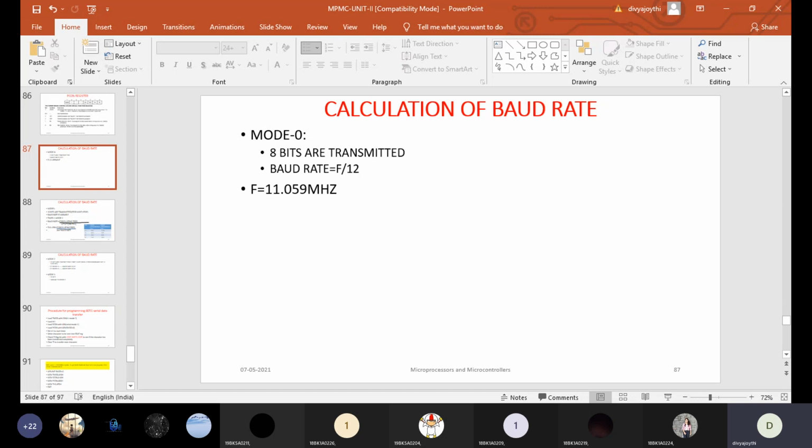I told you that there will be four combinations: 00, 01, 10 and 11. Based on the combination, the mode of operation will be selected, and based on the mode of operation, the baud rate is going to vary.